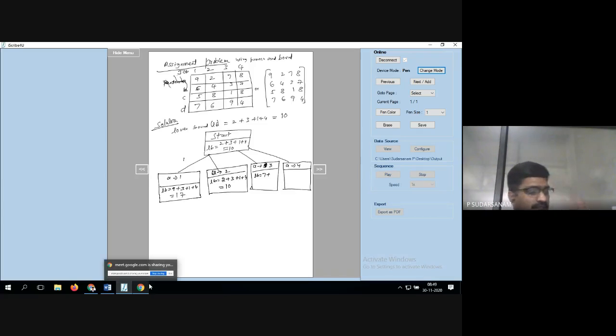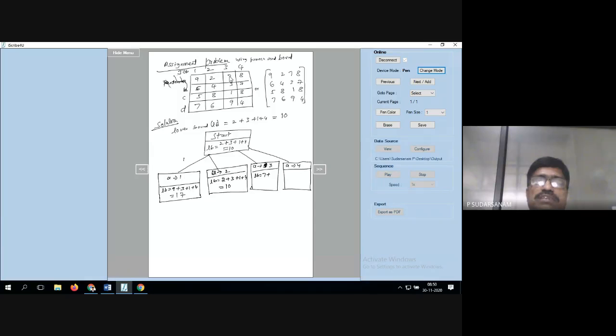Once you take this 7, this row and this column cannot be taken for the minimum values. So the second row minimum value is 4. Once you take 4, this column cannot be taken, so the next row minimum value is 5.